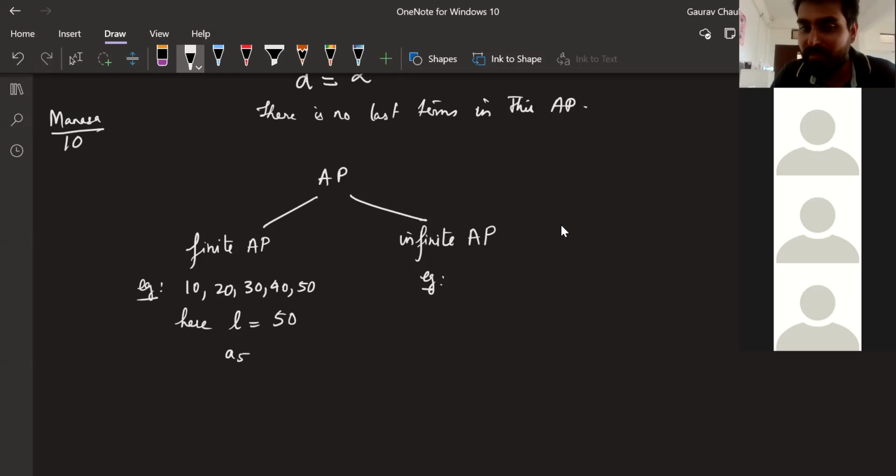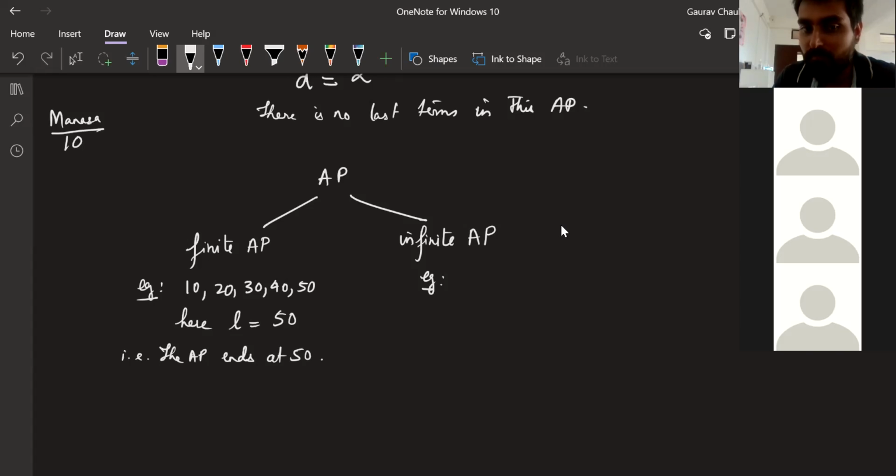A5 is also L, the fifth term and last term are the same thing here. There is a last term that's equal to 50. The AP ends at 50. There is no term after that.